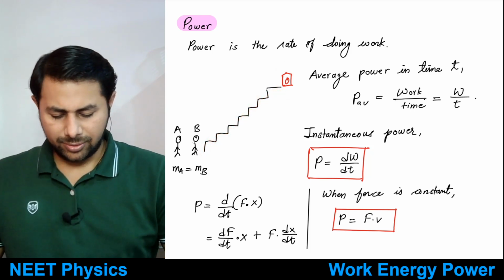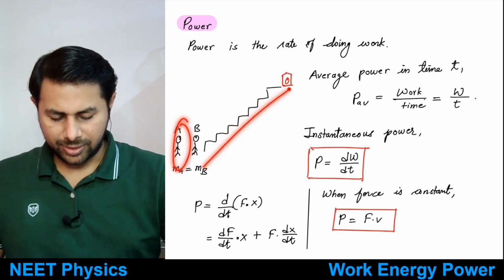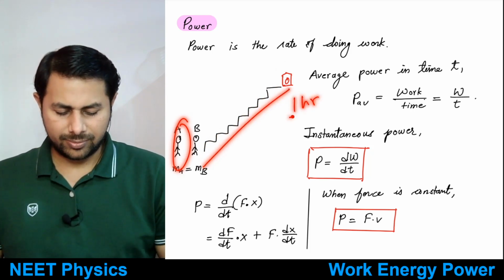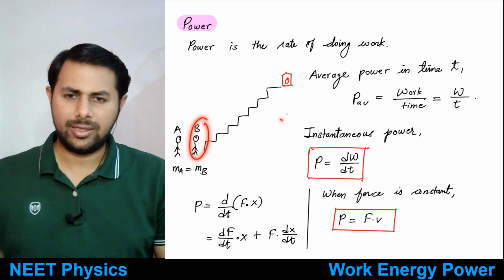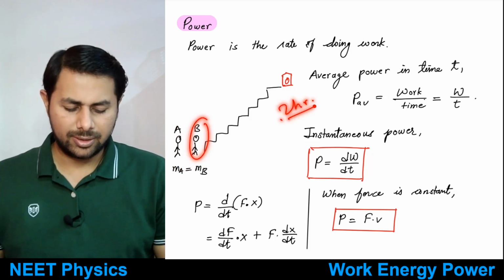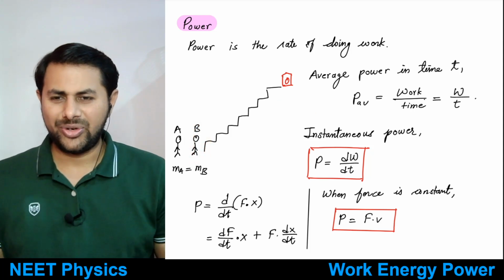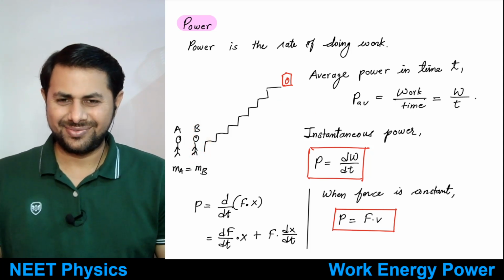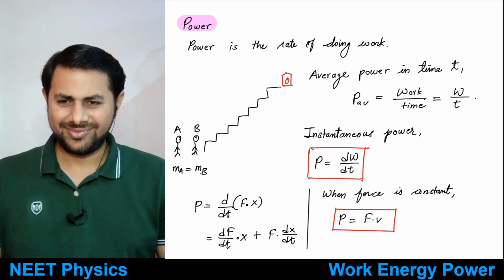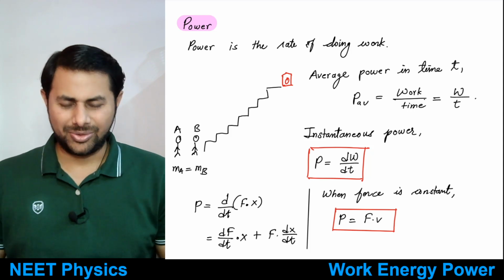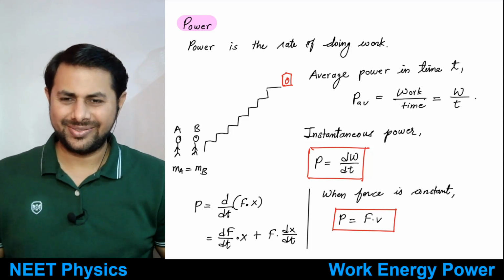Suppose student A goes there in 1 hour and student B goes there in 2 hours. So who is more powerful? The one who goes in lesser time, right?